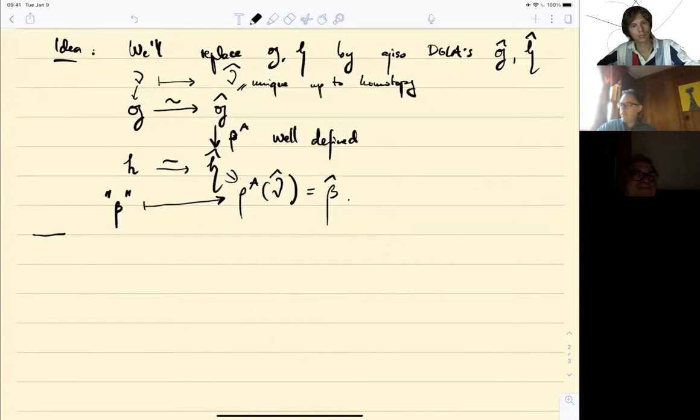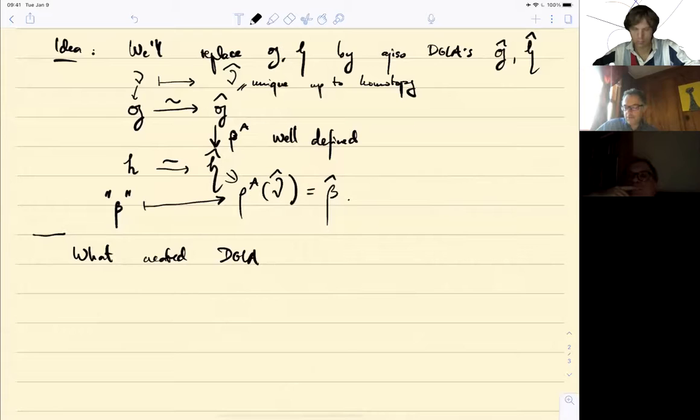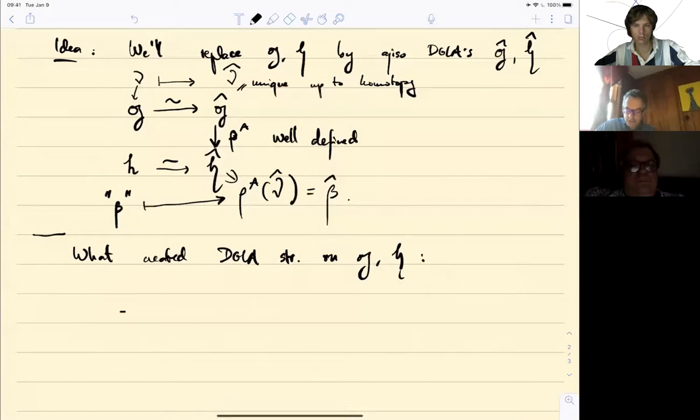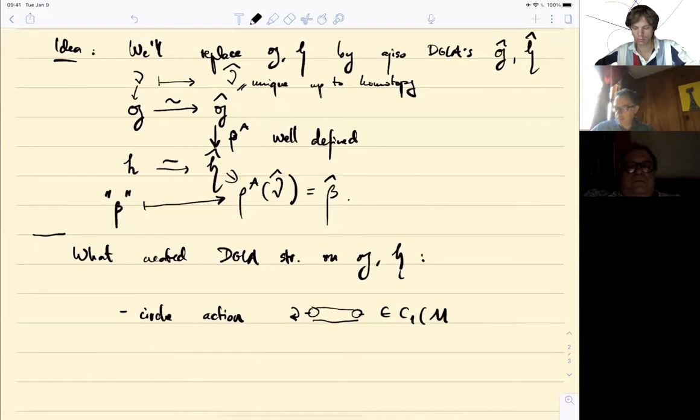So let me go back to what created the DGLA structures on G and on H. The most important things we had were a circle action, which I can think of as sewing a tube like this with a 360-degree rotation. So this is in C1 of M011 framed, if you want.